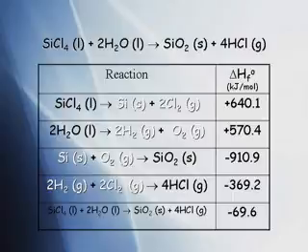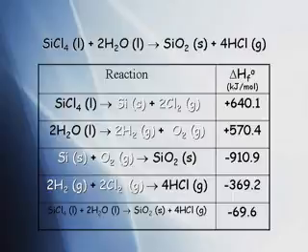When we look at our second equation down, we have 2H2 and an O2 on the product side, and we can cancel those with the 2H2 in the bottom equation and the O2 on the reactant side in the third equation down, and those will cancel out. Our silicon on the product side in the first equation will cancel out the silicon on the reactant side in the bottom equation.